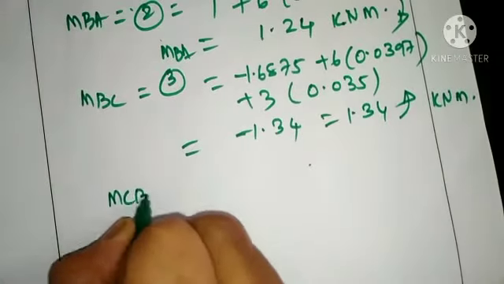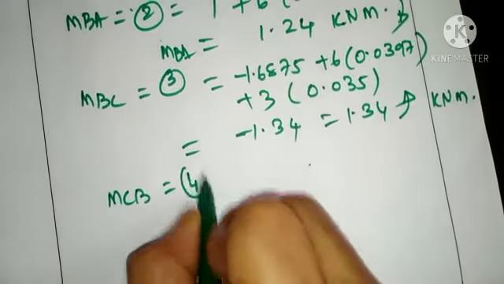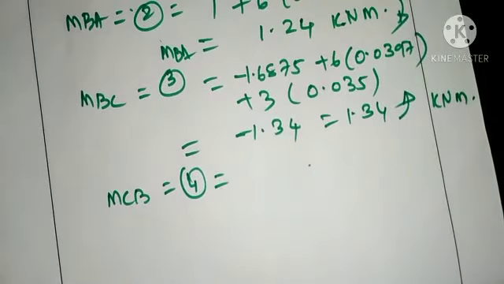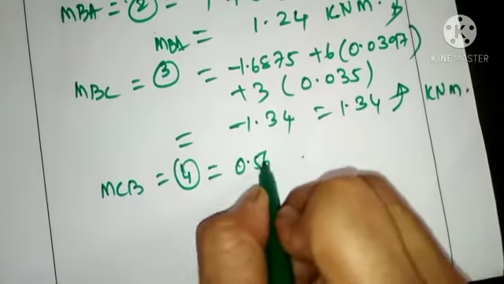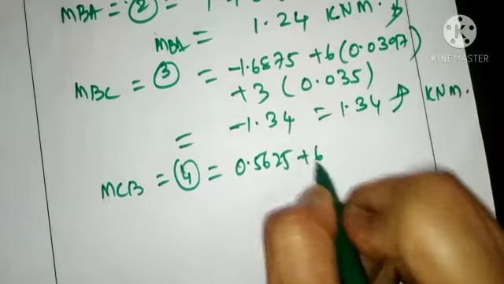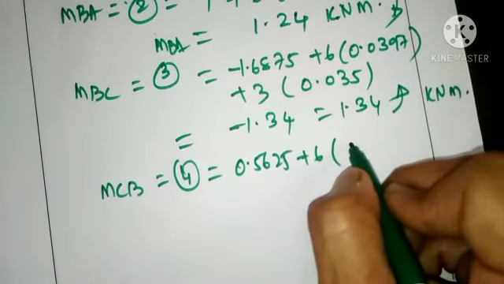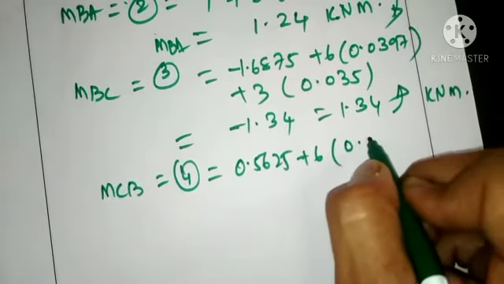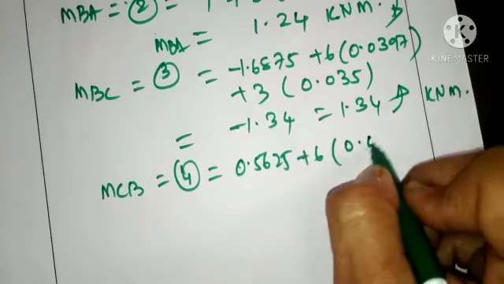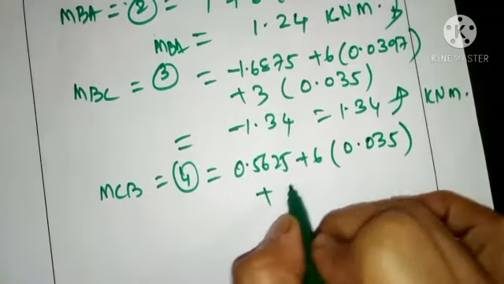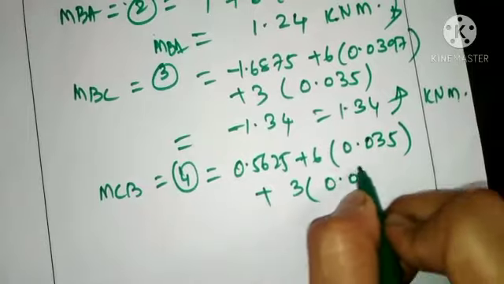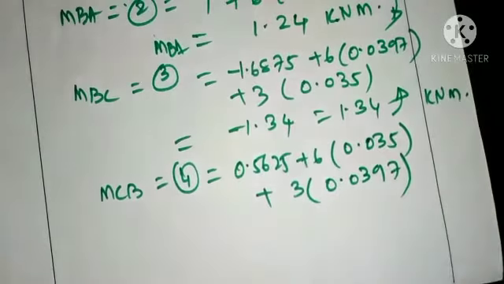MCB is equation number 4, and that value shall come as 0.5625 plus 6 into 0.035 plus 3 into 0.0397.